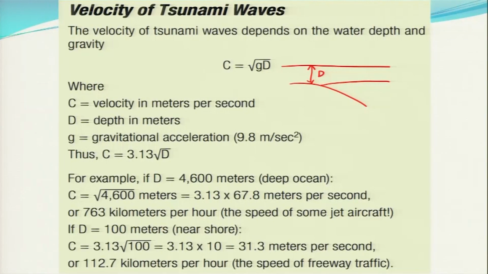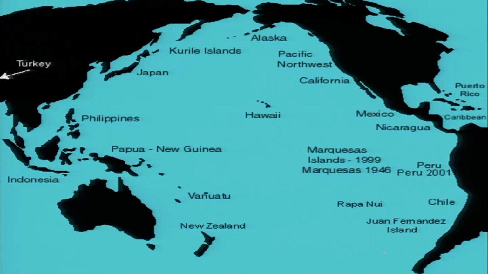Again, if you have the greater depth, as shown here, for example 4600 meters, then the velocity is much higher. If the depth is hardly 100 meters, then the velocity is much lower. Now these are the areas which are extremely prone.